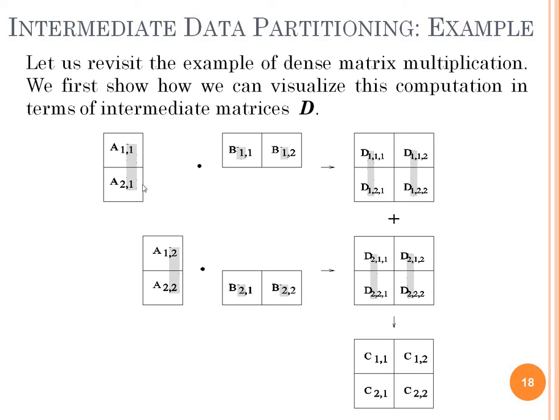Likewise, the A matrix multiplied with the B matrix will generate the C matrix, but there is one more intermediate matrix, the computations obtained from the A and B matrices. So instead of directly getting the C matrix, one intermediate matrix is formed. This is the concept of intermediate data partitioning.